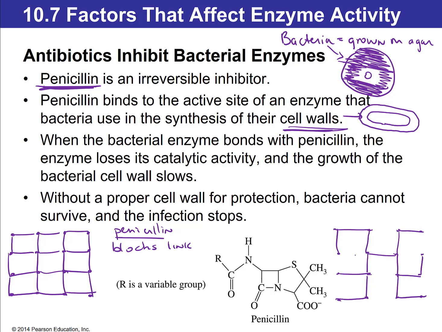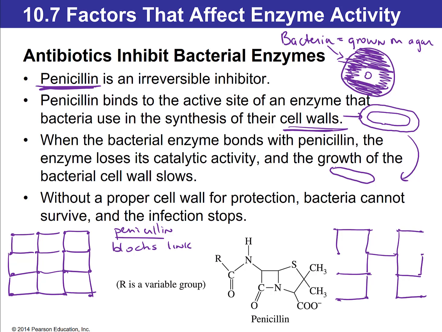Does that look really strong? No, it'll actually grow right out of its cell wall. Because of penicillin, you can't make a good solid cell wall, so it breaks out of its cell wall. Now it's exposed. Now it can be damaged by the environment.